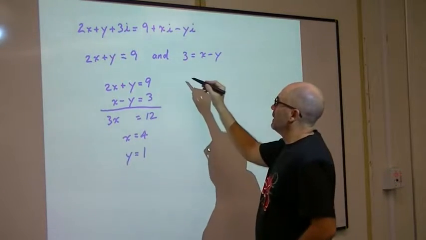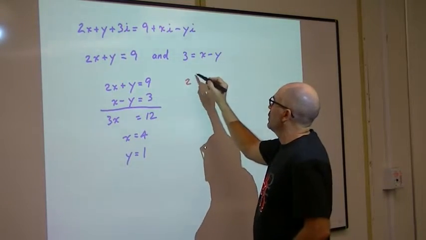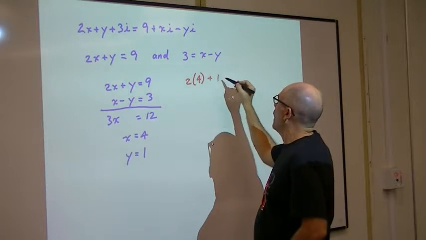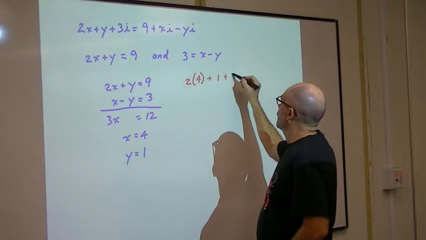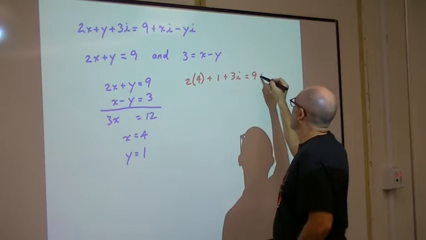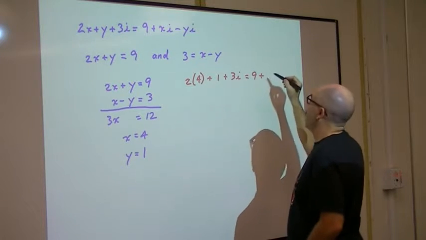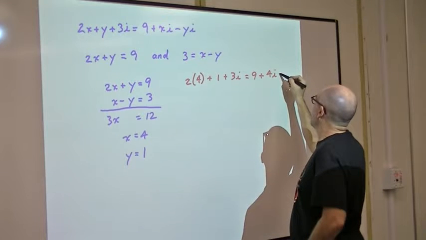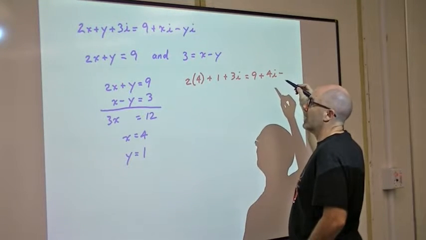And that basically says that 2x plus y plus 3i is going to equal 9 plus 4i minus 1i.